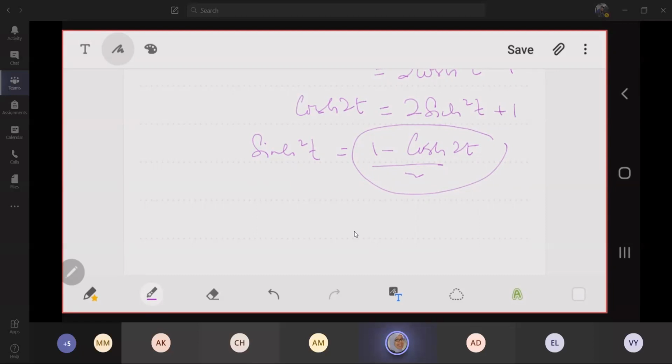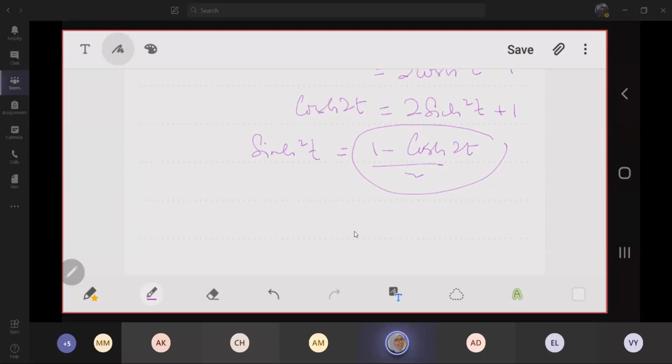Sketch the graph also should be okay, given that you just use the identity and solve that. So number 37, this one also quite straightforward.